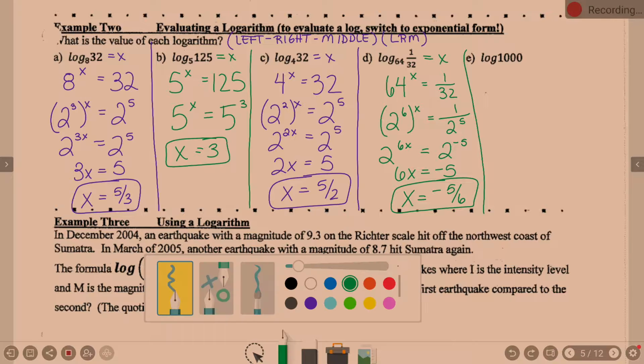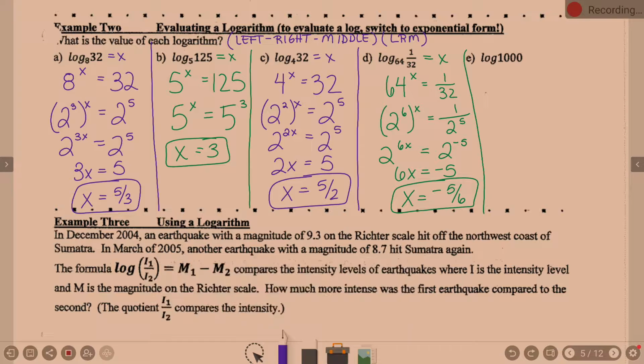Okay, what about log of, what is that, 1,000? Well, like the others, I'm going to set it equal to x. What happens when I do left, right, middle? Okay. My left is, what is the base here? Invisible base is 10. Okay, you just got to know that.